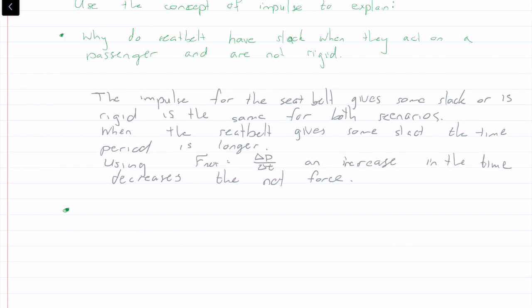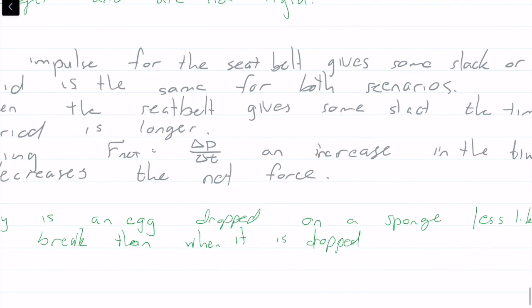Let's say, why is an egg dropped on a sponge less likely to break than when it is dropped straight onto the ground?